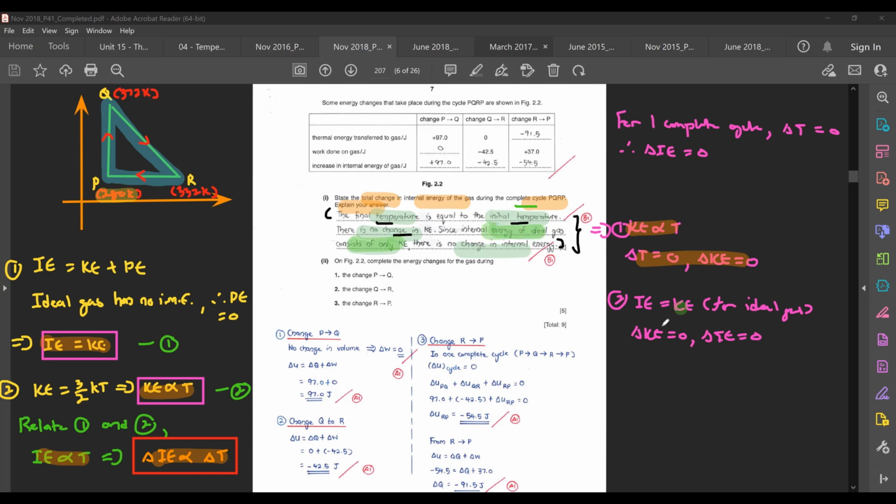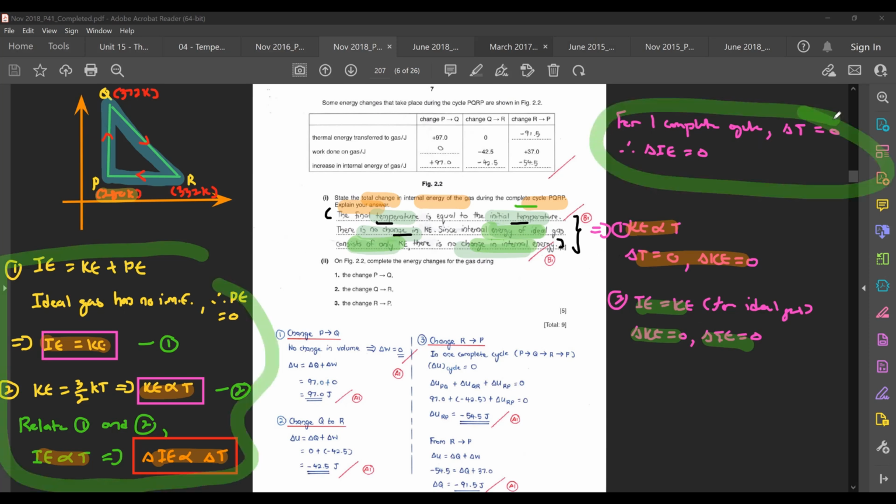So since there's no KE change, your IE change is also 0. It can also be explained like this if you had wanted to. But the way I explained it initially was that I combined all the relations together. Either one works just as fine.